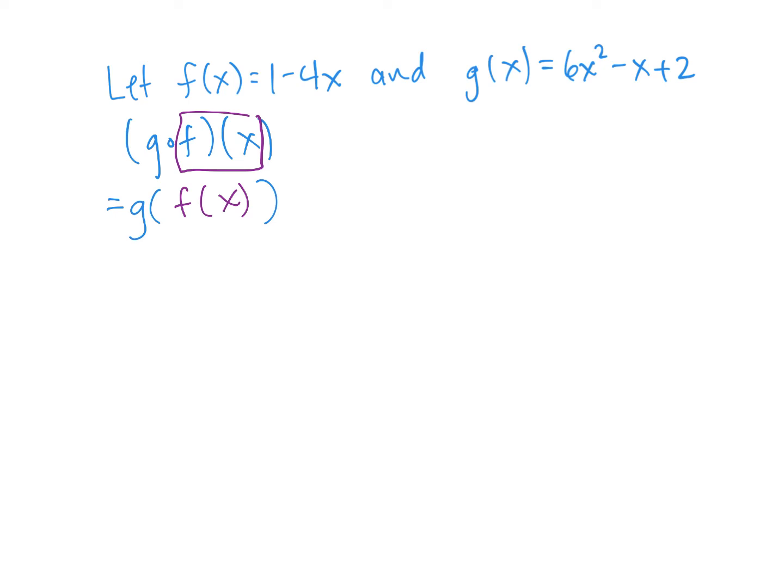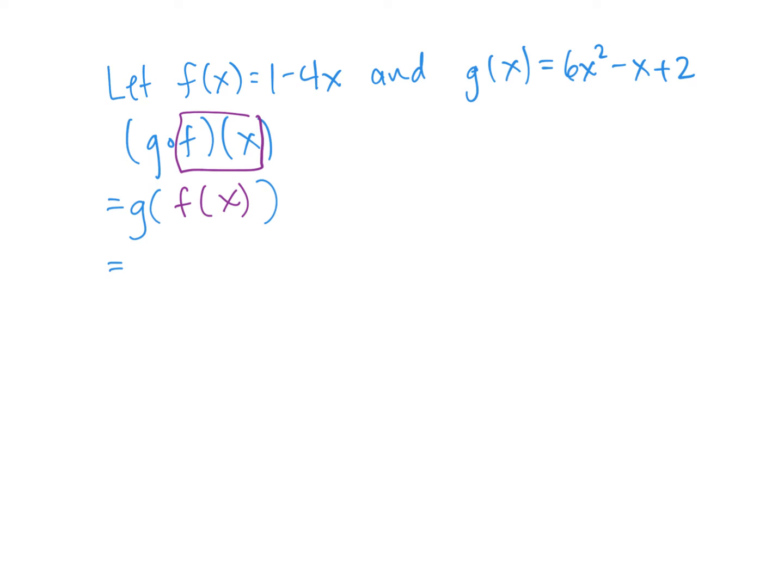So let's get it ready. What does g do? Oh, wrong color. What does g do? It takes 6 times the square of its input minus its input plus 2. So let me get that prepared.